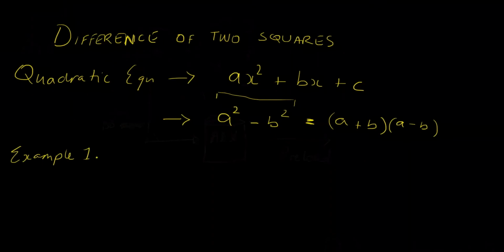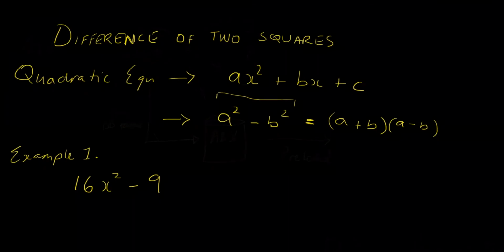First example we're going to do is something relatively straightforward. If somebody asks you to factorize this, how would you do that? Because there's no x term, there's no term on the other side, is there? So there's no x term here, there's only x squareds. So how do we do this?